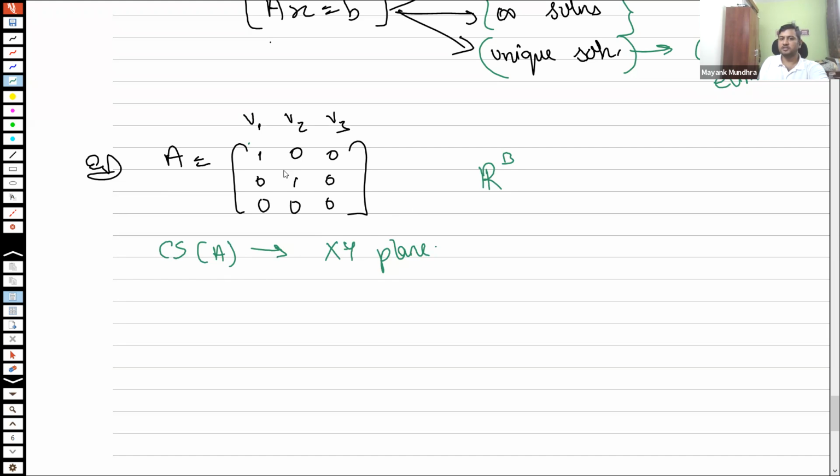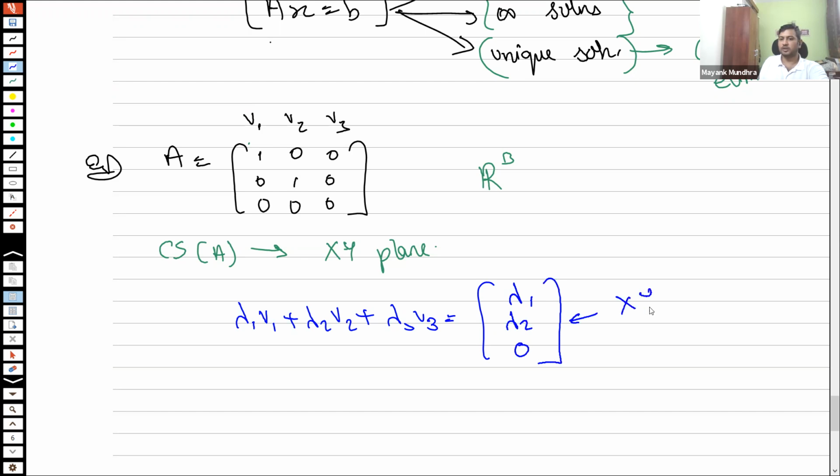Because V1 is 1 0 0, V2 is 0 1 0. So lambda 1 V1 plus lambda 2 V2 plus lambda 3 V3 is going to be all vectors of the format lambda 1, lambda 2, 0, which is basically the XY plane.